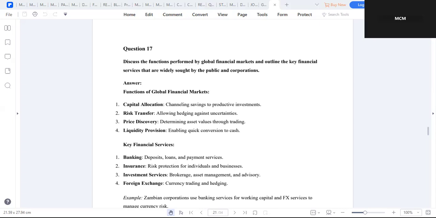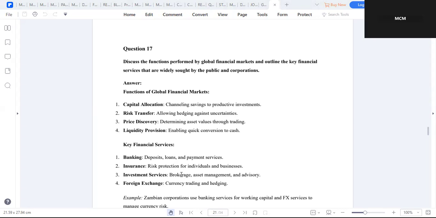Now, what are some of the key financial services that are sought by the public and corporations through these markets? What are some of the key services? So we have services like banking, insurance, investment services, foreign exchange. So these are the main services that are sought. So when talking about banking, you're looking at individuals like you and me who have deposit accounts, credit cards, personal loans through these mechanisms.